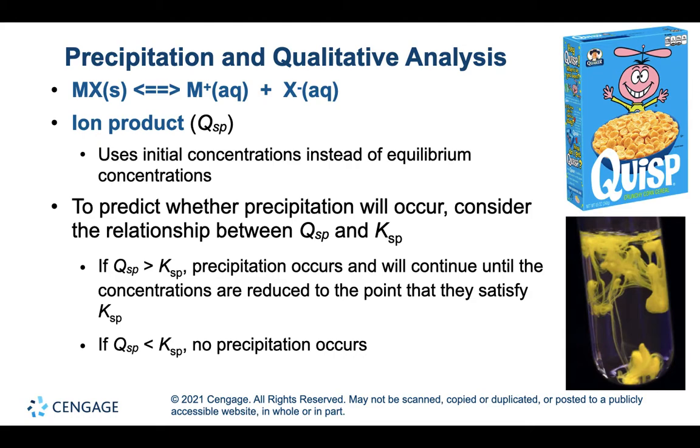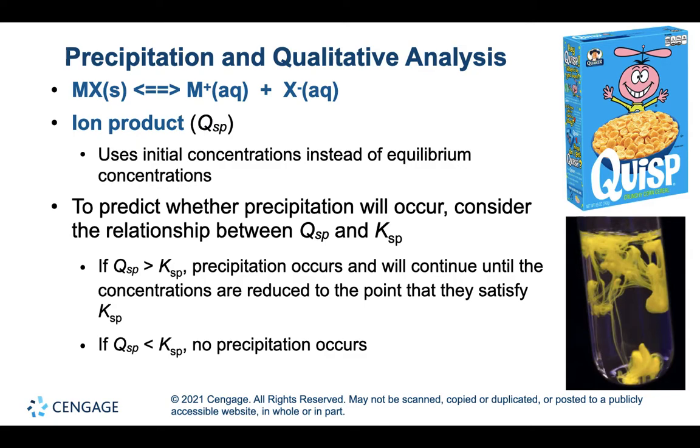Now, if your QSP is calculated and it's lower than KSP, it means that M plus and X minus do not have a high enough concentration to be considered at the solubility limit. And so we would have no precipitation occurring in that particular case. In fact, if solid were in that mixture, we would expect solid to dissolve until it reaches the concentrations for the ions that allows it to equal KSP.